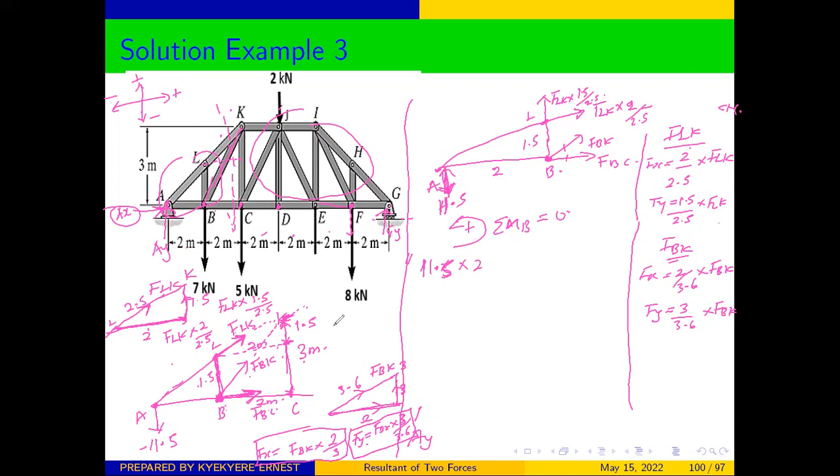From the principle of transmissibility, the force can be brought here, which means that it is going to rotate the object in the anti-clockwise direction, and that is going to be positive. And the other is going to be negative.